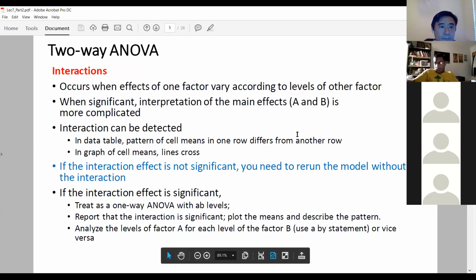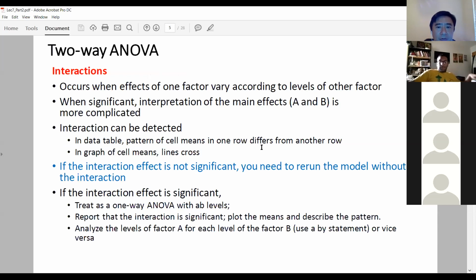The interaction term basically checks whether the effect of factor A is the same across the 2 or more different levels of factor B. That's the goal. If they're not the same, you have to keep the interaction term in your final model.